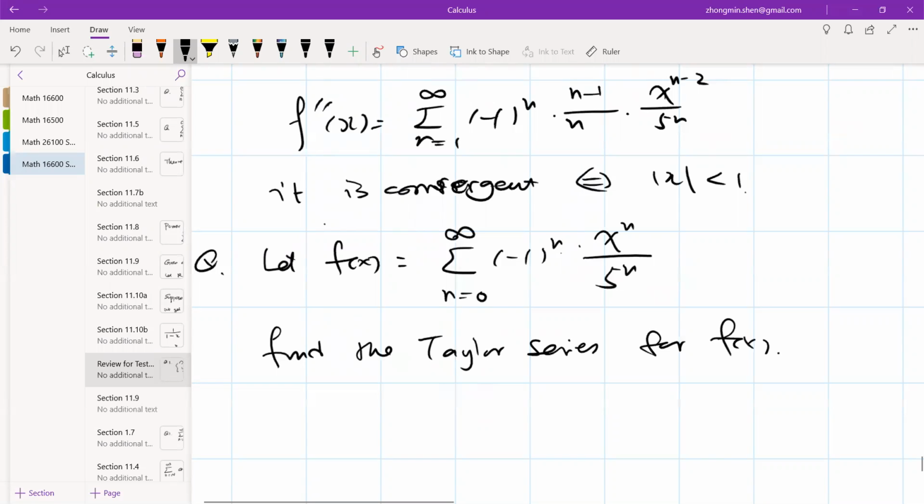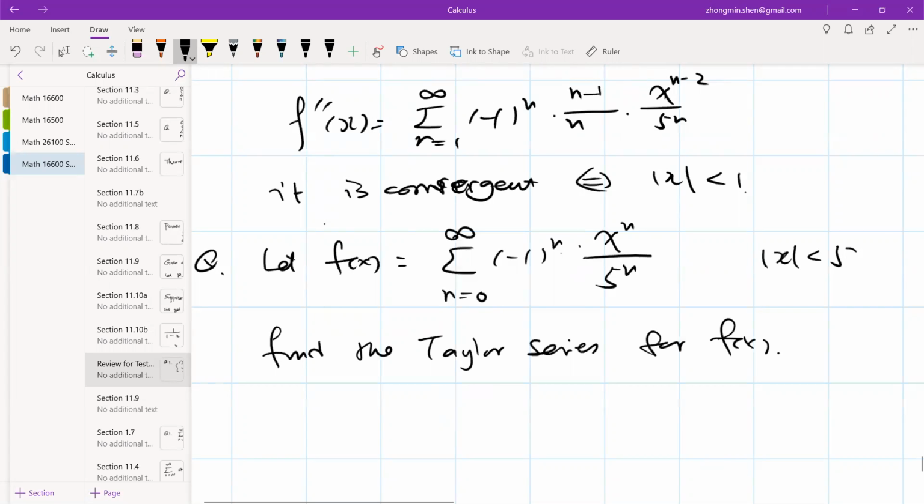Well, this is a stupid question because here x is less than 5. So the power series on the right-hand side is absolutely convergent for absolute value of x less than 5. So it's a defined function, the function becomes like that. Now, find the Taylor series for this function. According to the definition, your answer should be just itself.